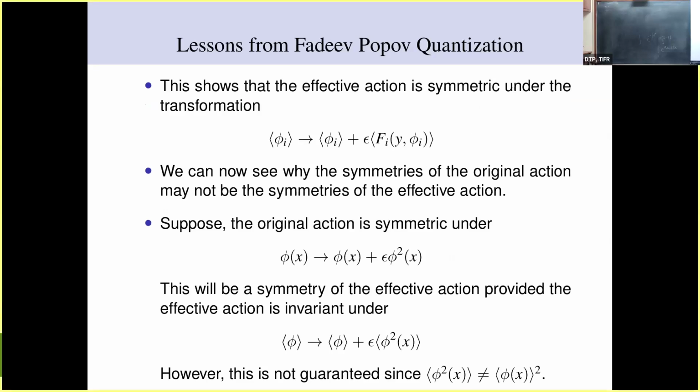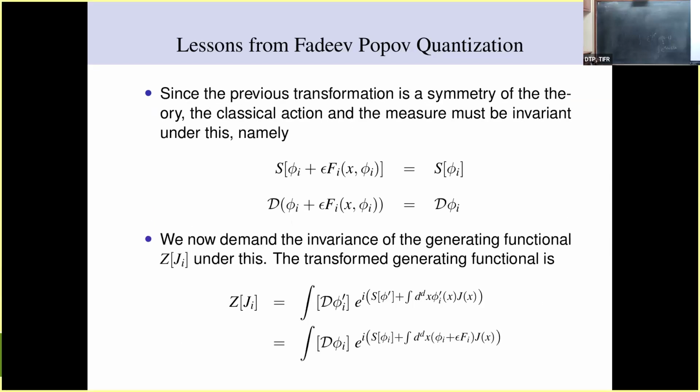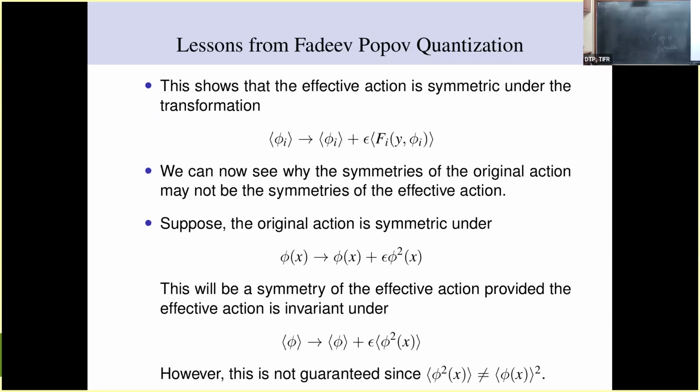So what it basically shows is that this effective action is symmetric under this transformation, not the original transformation. So the quantum effective action remains invariant if you change the expectation value of phi by this amount, not the field transformation itself.